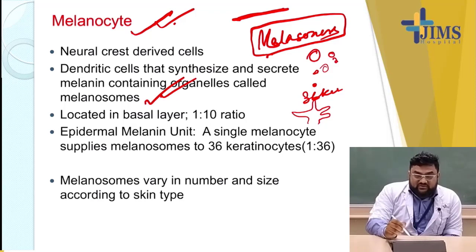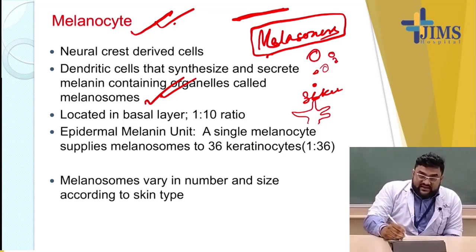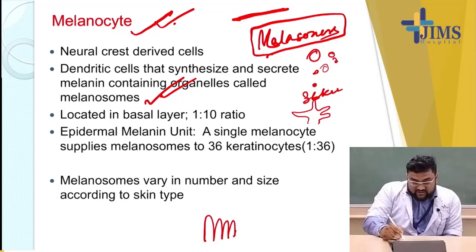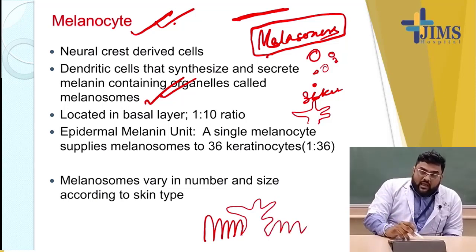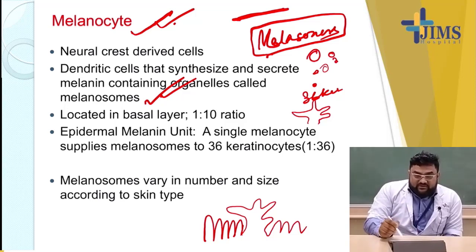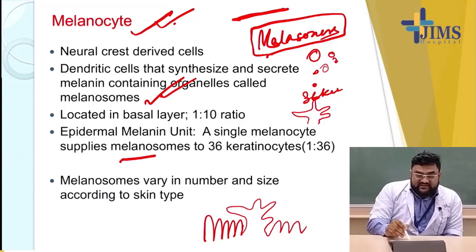They are located in the basal layer in a 1:10 ratio. That is, for each 10 daughter keratinocytes, we have one melanocyte in the basement membrane. And with the epidermal melanin unit, a single melanocyte supplies melanosomes to 36 keratinocytes.